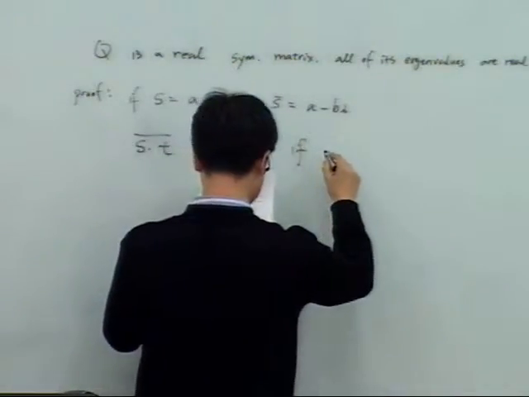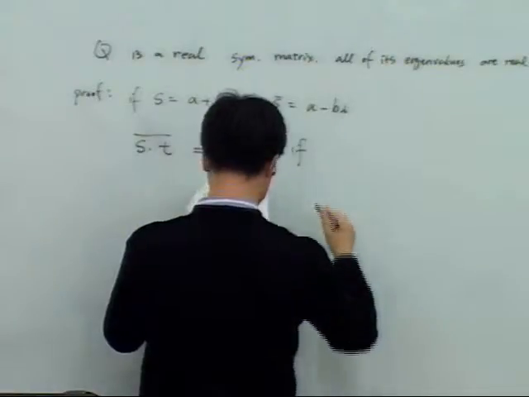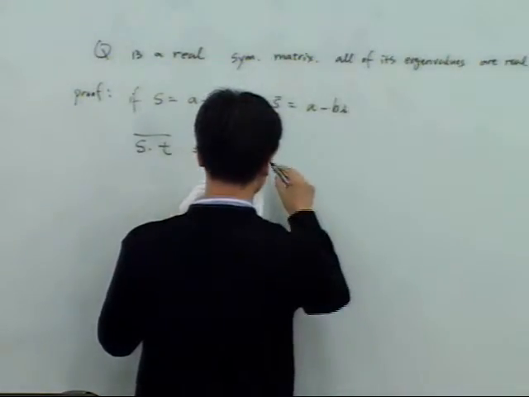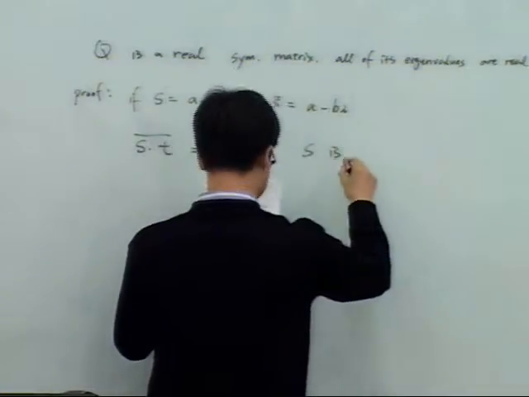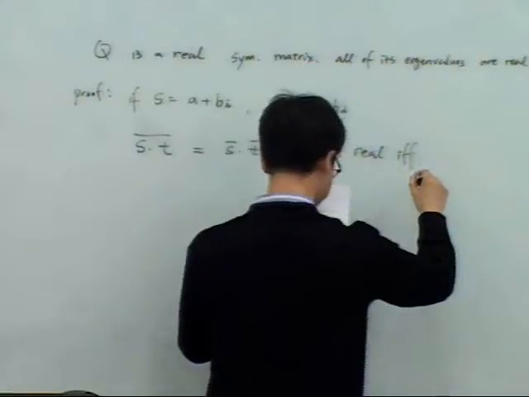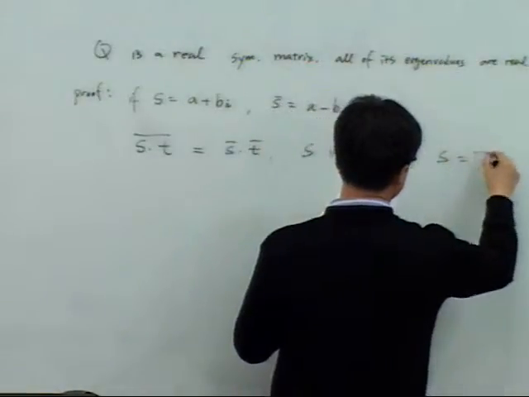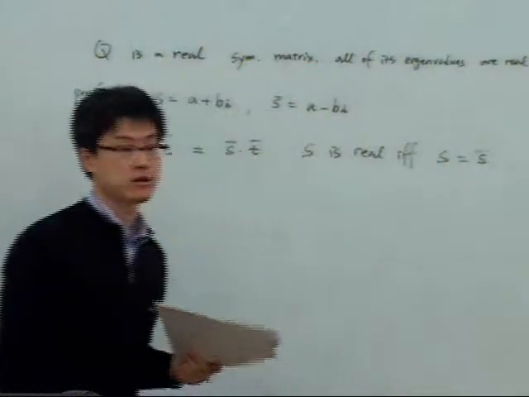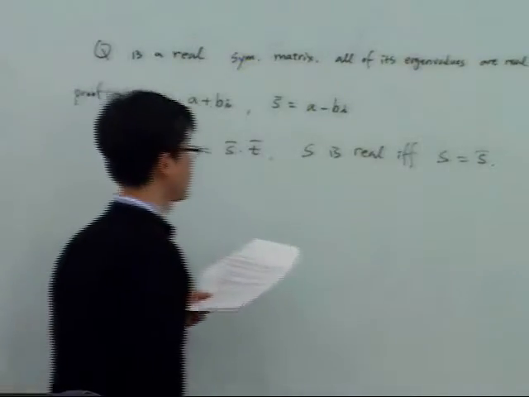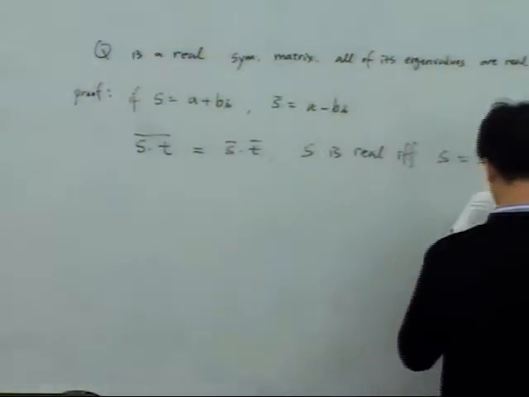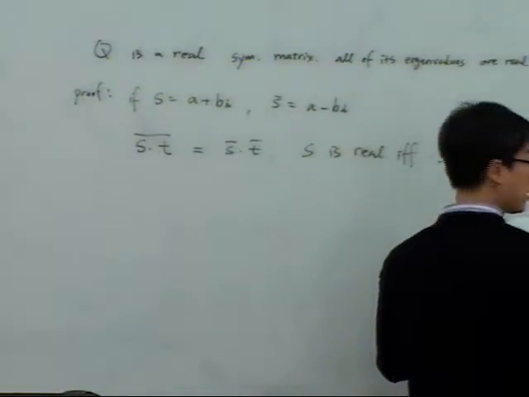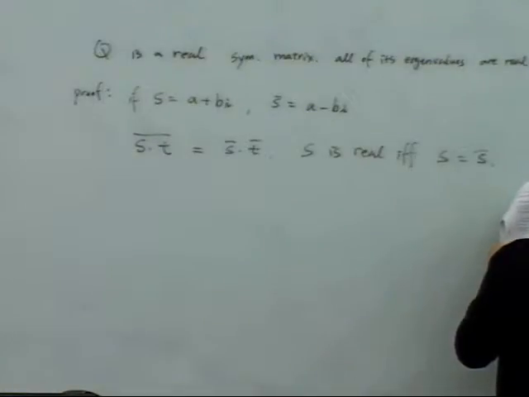S is real if and only if S equals S bar, that's straightforward. In other words, S multiplied by S bar is a squared plus b squared.